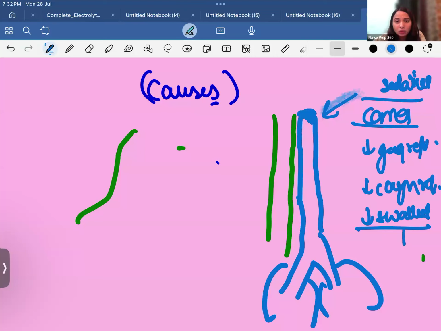So the patient cannot swallow. These muscles are very relaxed. The muscle cannot swallow. So what will happen? Just imagine you have just given food to the patient. Listen, very important thing.